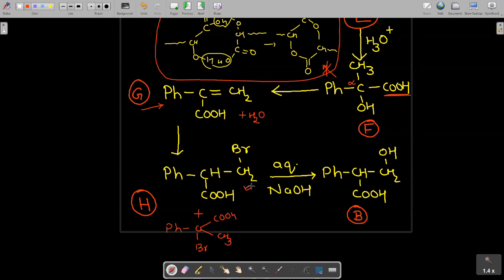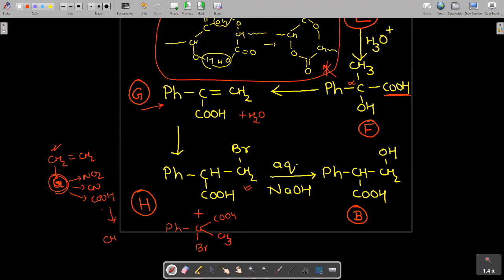So let me tell you, whenever you have an electron withdrawing group directly attached to the double bond, directly attached to the sp2 carbon, and it should be very strong, like nitro, like cyano, like COOH, etc., then you can have this type of reaction, or else you will still continue to have Markovnikov.